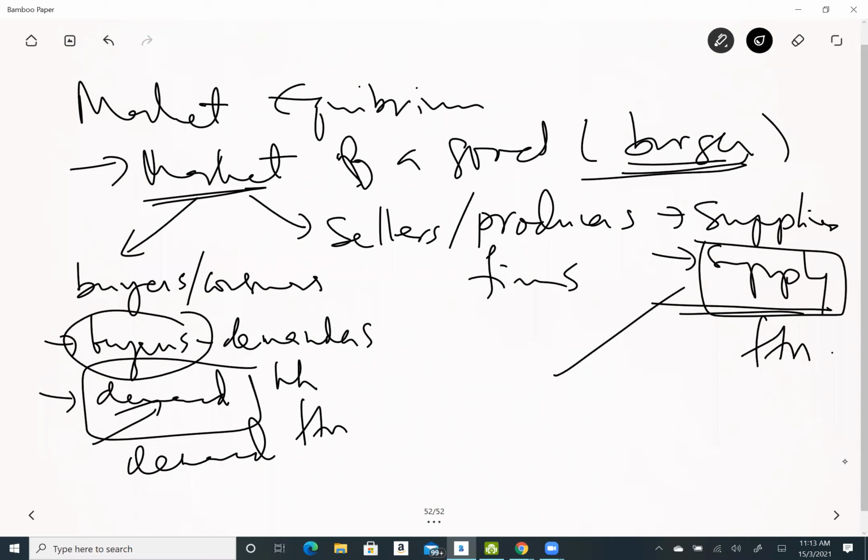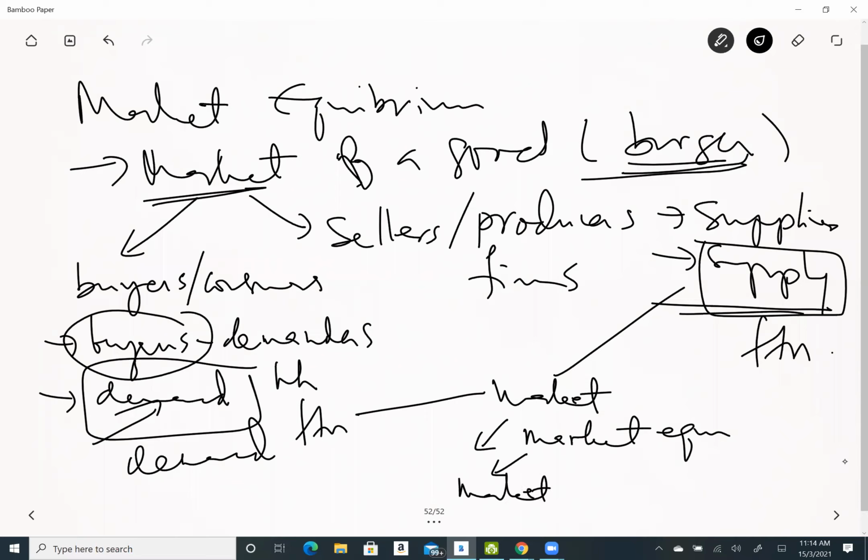So the interaction between these two in the market will determine the market equilibrium. At market equilibrium, we determine the market price and the market quantity, because you have the selling price, the buying price, and the quantities.